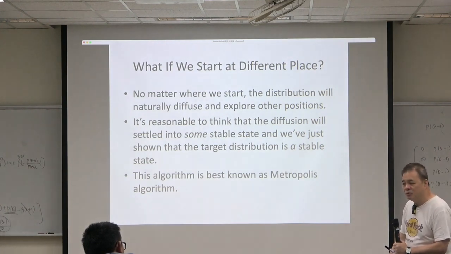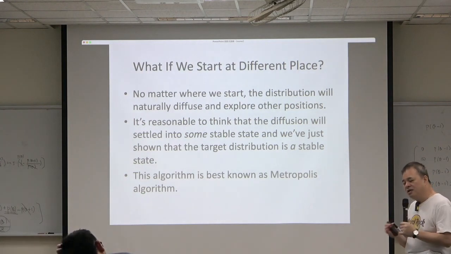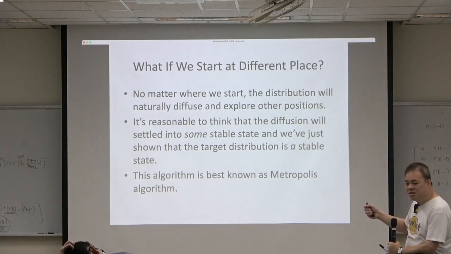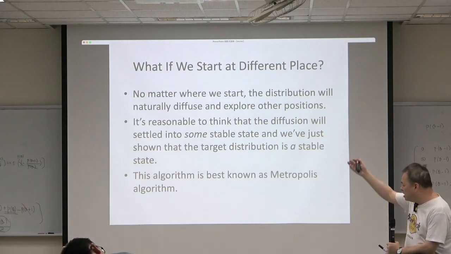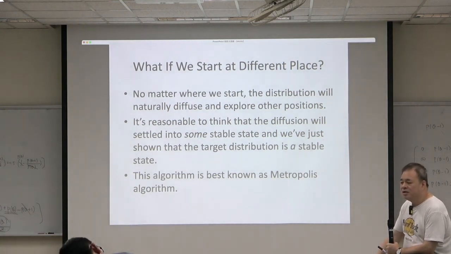This is just an argument to tell you that this diffusion process is eventually going to end up at some stable state, and this target distribution happens to be one of the stable states. But in all this derivation, I didn't show you there's only one such stable state, so I cannot say this is a proof. But this is the closest thing to a proof I can give you.